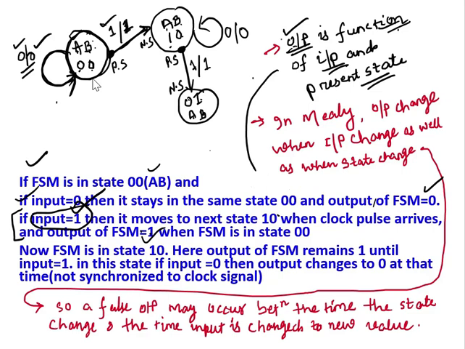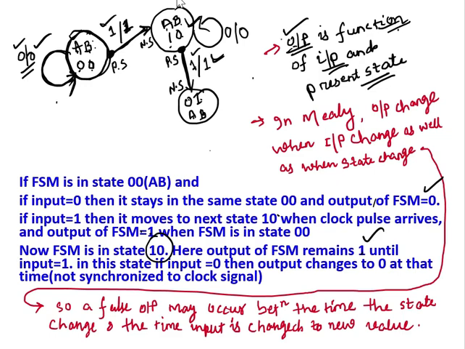Next, now the present state is 1 0. Now the FSM is in the 1 0 state. If it is in state 1 0 and 1 comes, then output equals 1, so the output of the FSM remains 1.